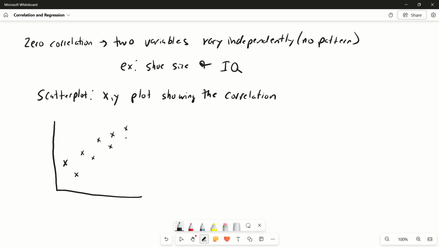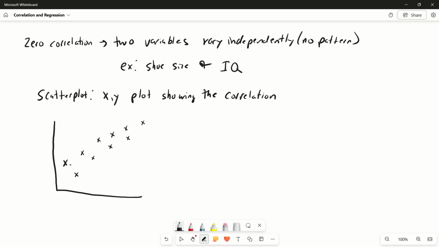X marks the pairs of scores. So we have an X variable, we have a Y variable. The X here, or the dot, depending on what you want to draw, is basically a combination of the score on one variable X, and the score on one variable Y. And then we mark a little X, or we mark a point here to delineate that person's combination of two scores, X and Y, whatever they are.